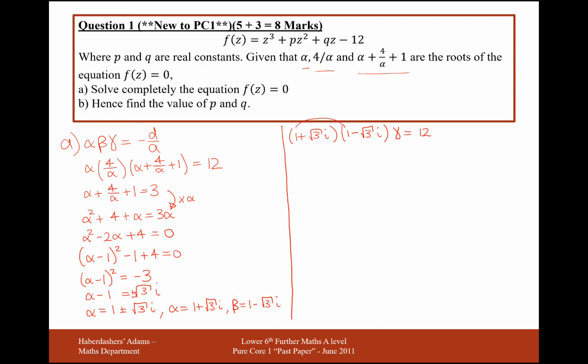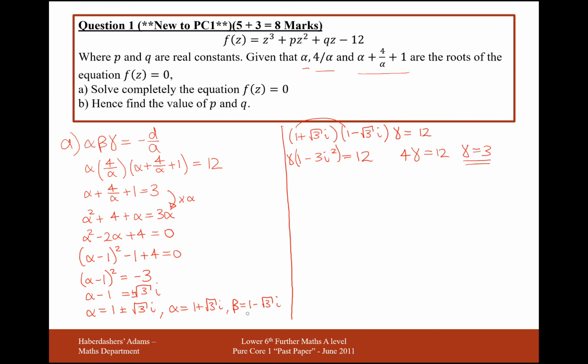We'll get 1 times 1 is 1. We'll get 3i and a minus 3i, which will cancel out. And then we get minus 3i squared. All of that will be times by gamma, and that will equal 12. I squared was minus 1, remember, so minus 3 times minus 1 makes a positive 3, which gives me 4 gamma equals 12, so gamma equals 3.